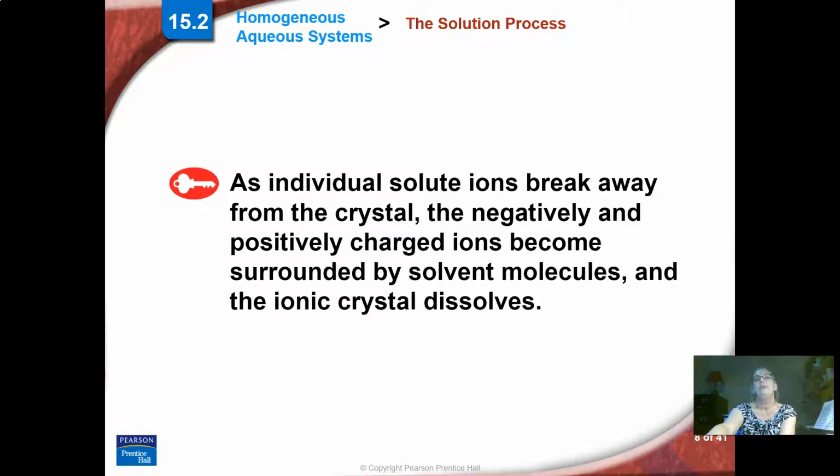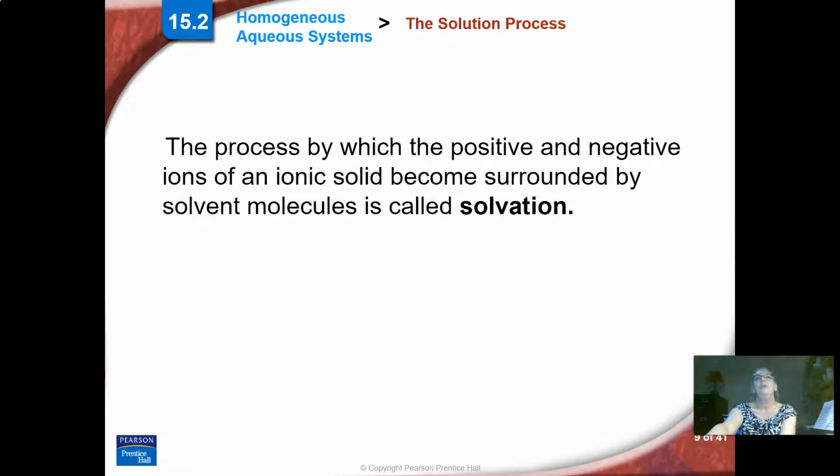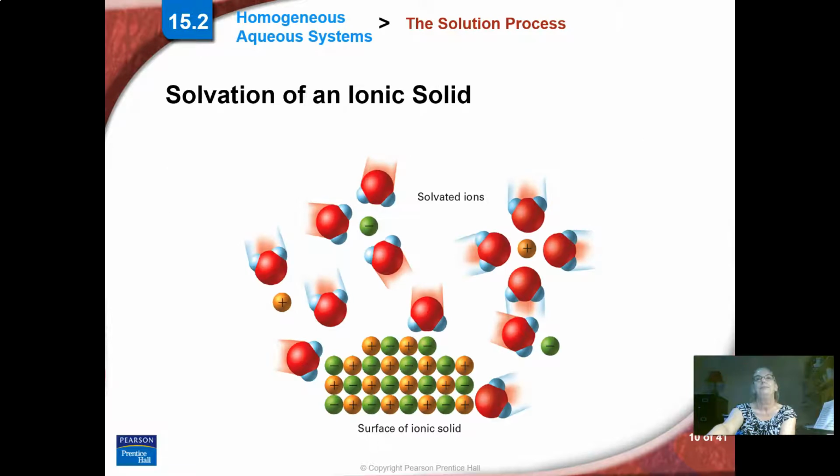But we can also have molecules that are water soluble that will dissolve in water. So sugar is an example. Kool-Aid, the sugar and Kool-Aid particles will dissolve in the water. When ionic solids break into pieces and are surrounded by water, it's called solvation. It's a fancy word for just dissolving.